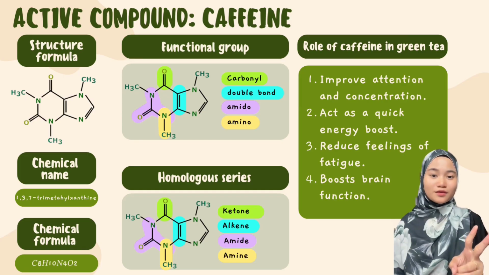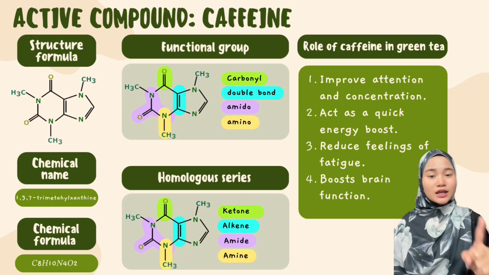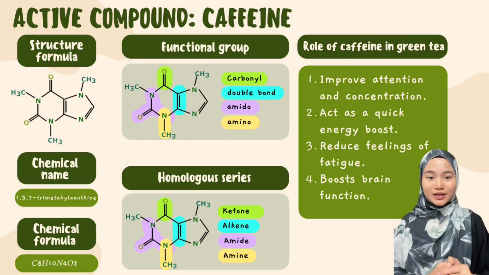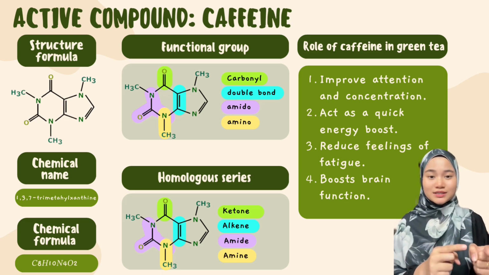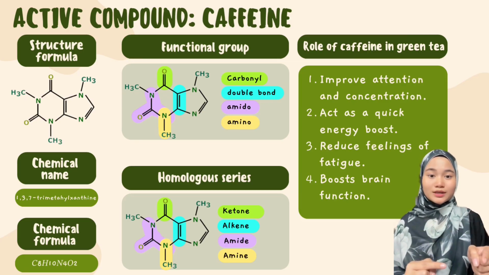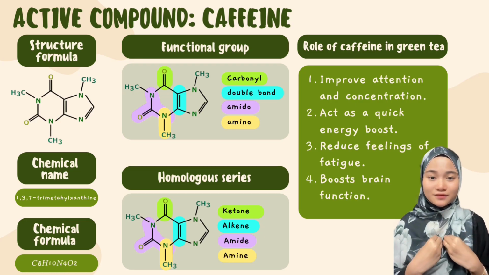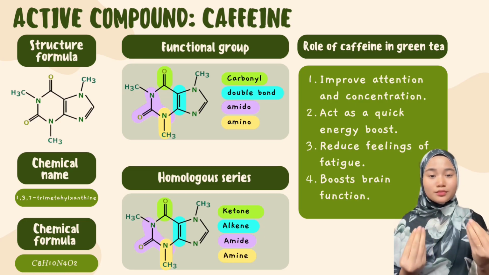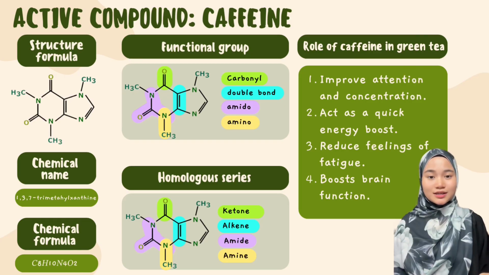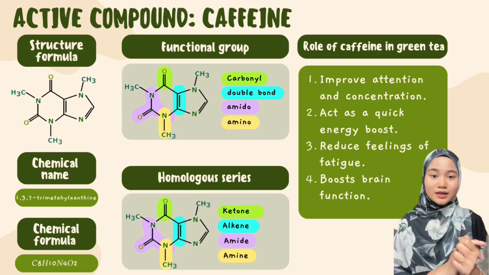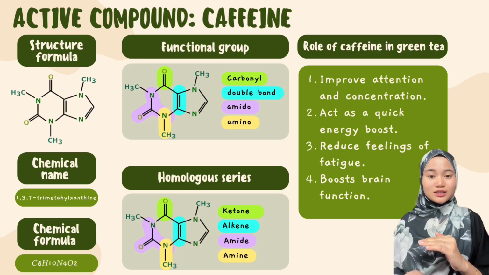The second role of caffeine in green tea is that it can act as a quick energy boost too. But how? Caffeine in green tea is balanced out with the L-theanine compound in green tea, which gives us an effect of calm alertness rather than a sharp spike from other caffeine sources, such as coffee.